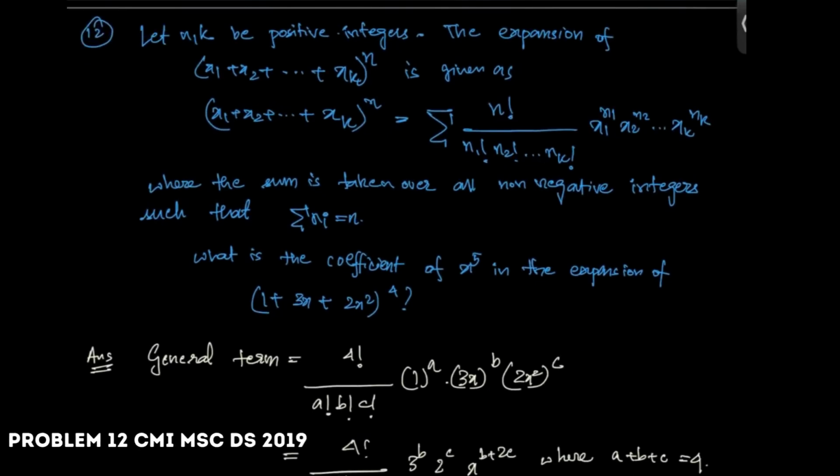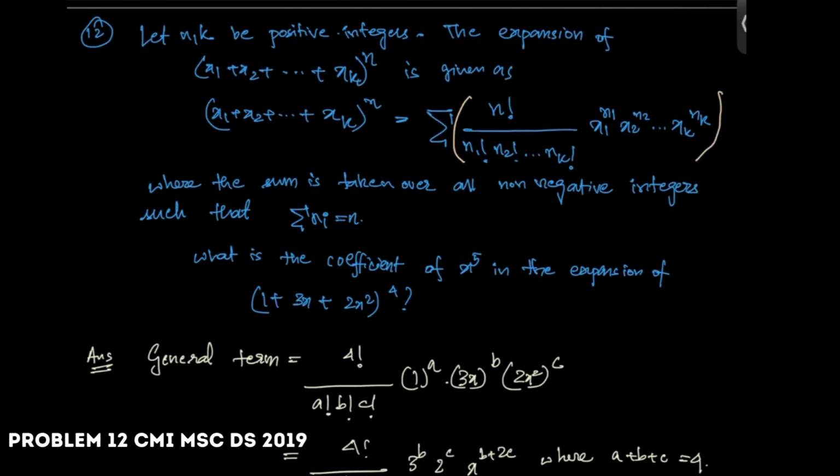That is this. We have two positive integers, n and k. The expansion of x1 plus x2 plus all the way up to xk, whole to the power n, is given as a summation of these terms. These are the general terms of this expression.